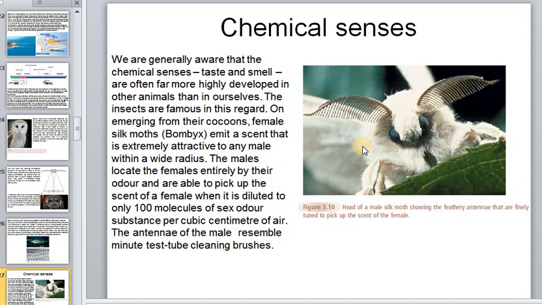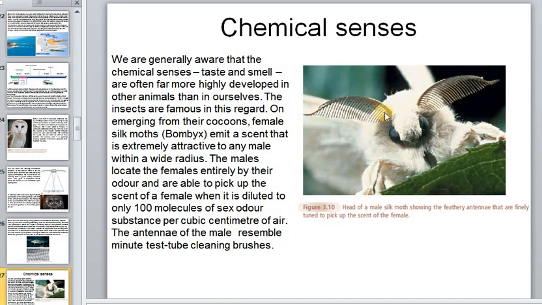The males locate the females entirely by their odor and are able to pick up the scent of the female even at 100 molecules of sex odor substance per cubic centimeter of air.